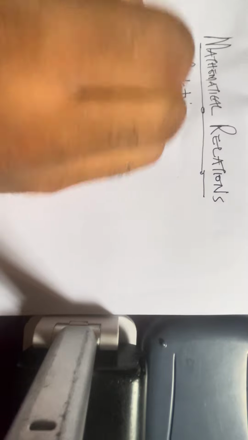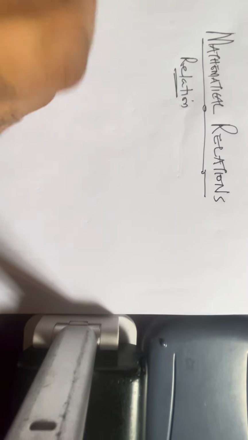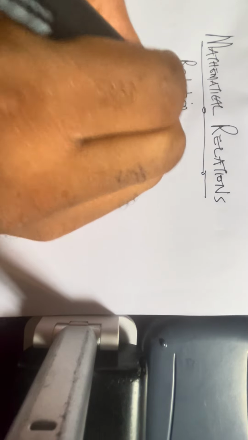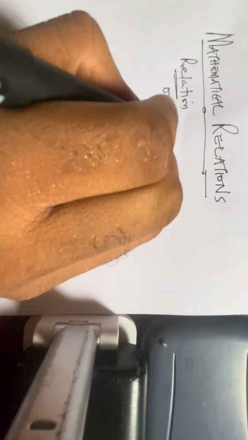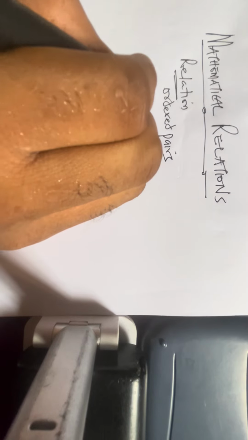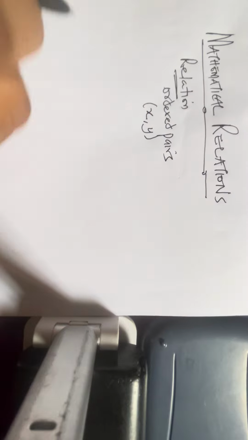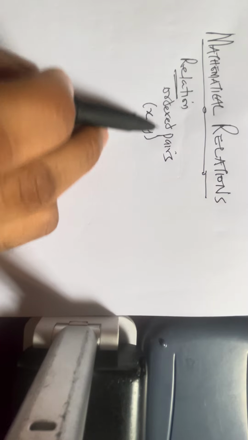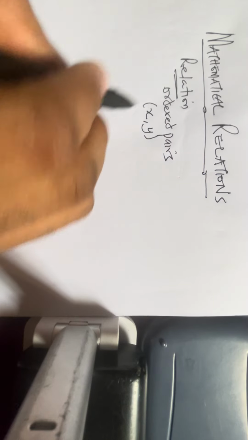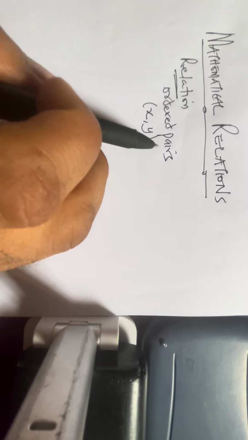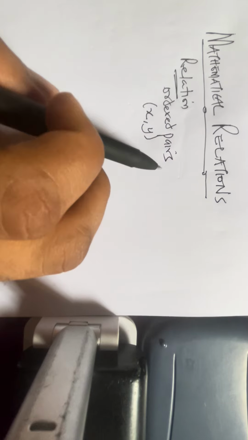First of all, what is a relation? A relation is a set of ordered pairs. Let's say x comma y, in which each element of a set X is assigned to elements in Y by a well-defined rule.